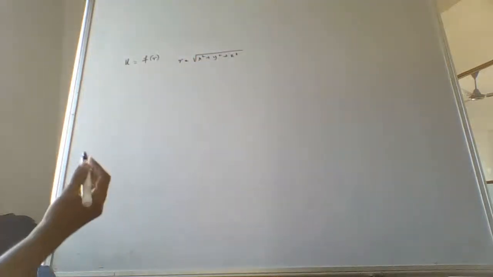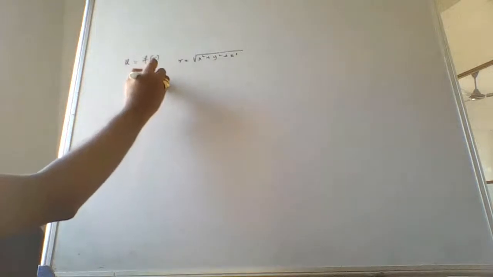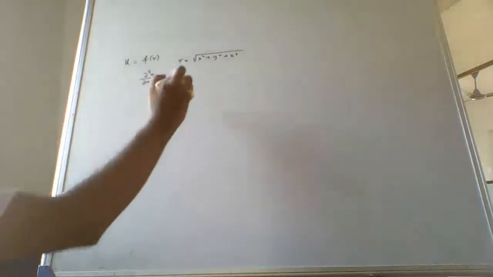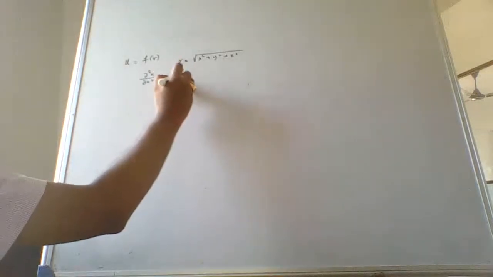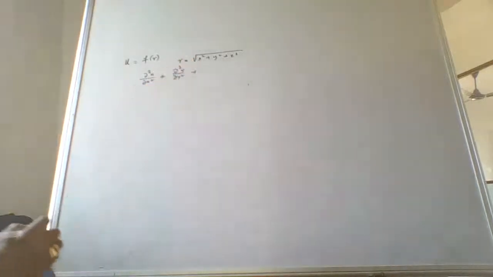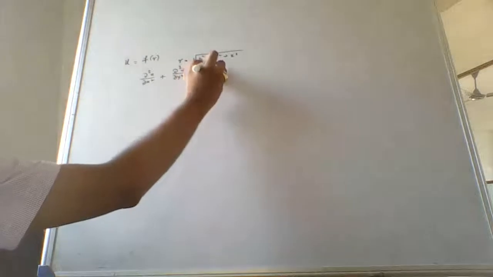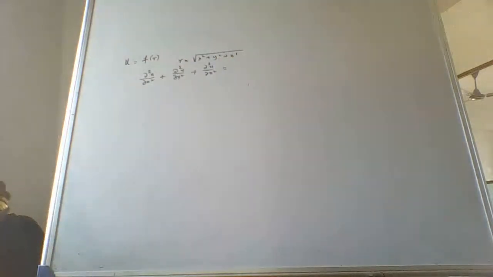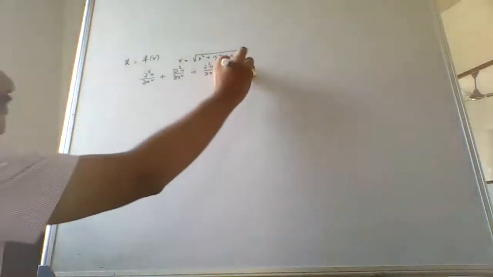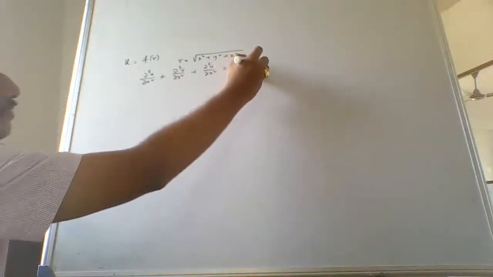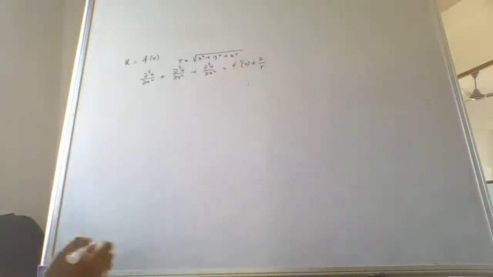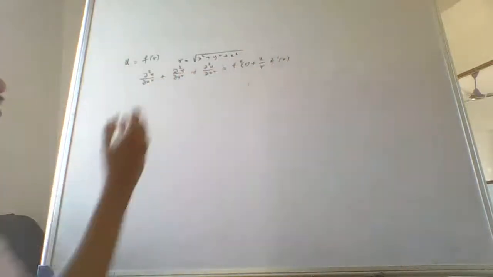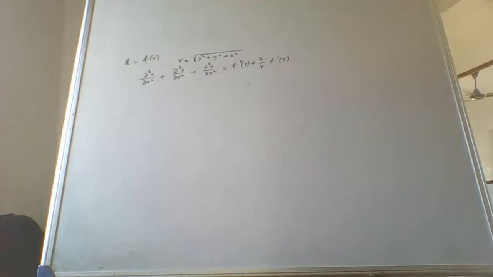Let us again show that dou square u by dou x square plus dou square u by dou y square plus dou square u by dou z square is equal to f double dash of r plus 2 by r times f dash of r. Let us try to solve this now.